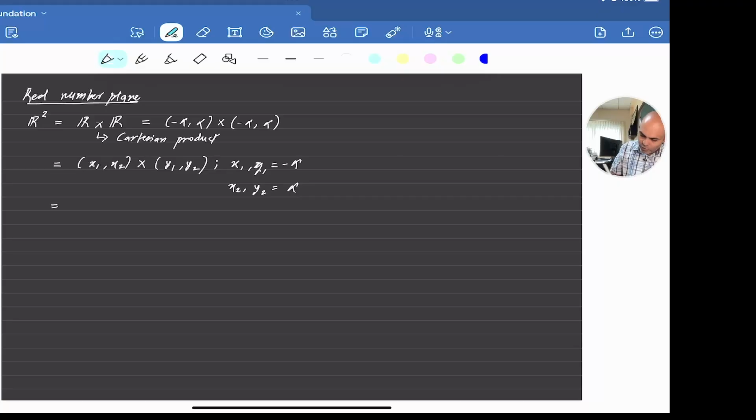So this set can also be written as (x, y). So here the notation is a little bit confusing. You see here the parenthesis that we have used denotes an open interval, but in the next line this parenthesis denotes a point (x, y).